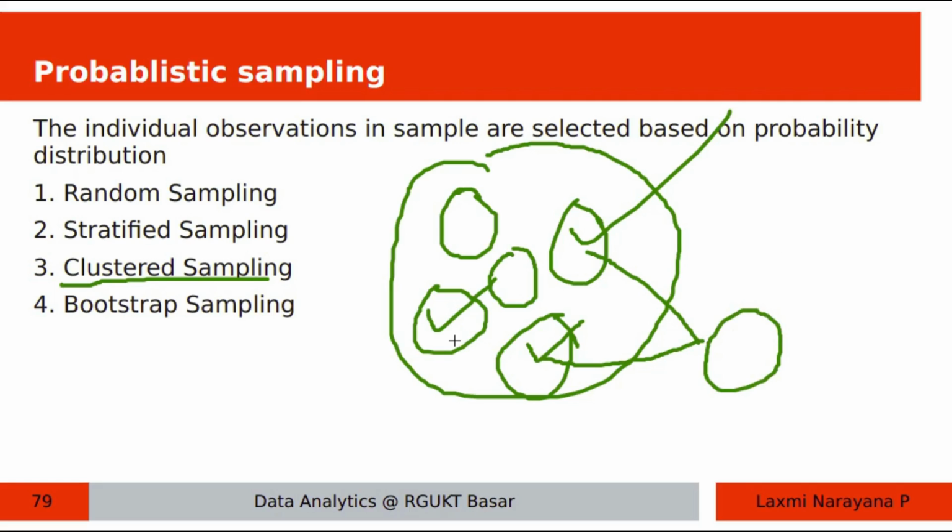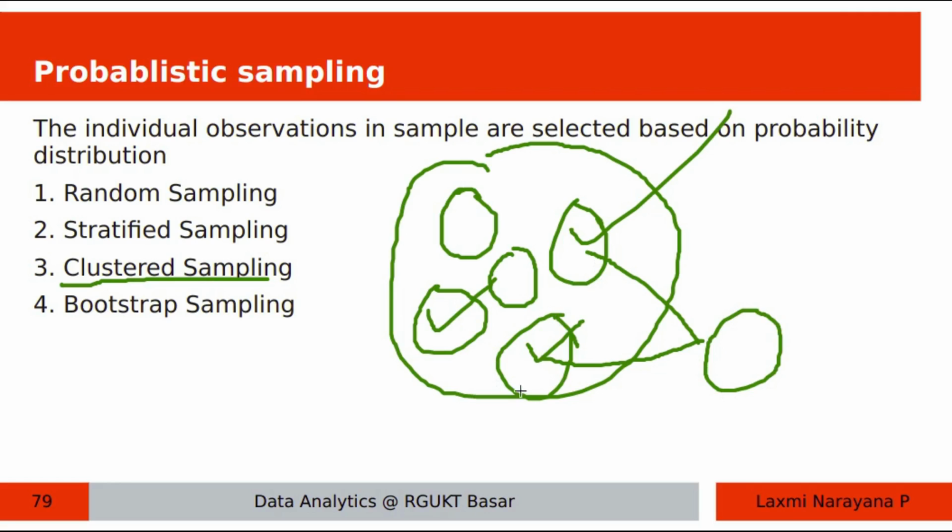Means if you want to study some COVID-19 effect on different sectors, you will consider only some most important sectors and you will consider samples from that sectors, means not from all clusters.